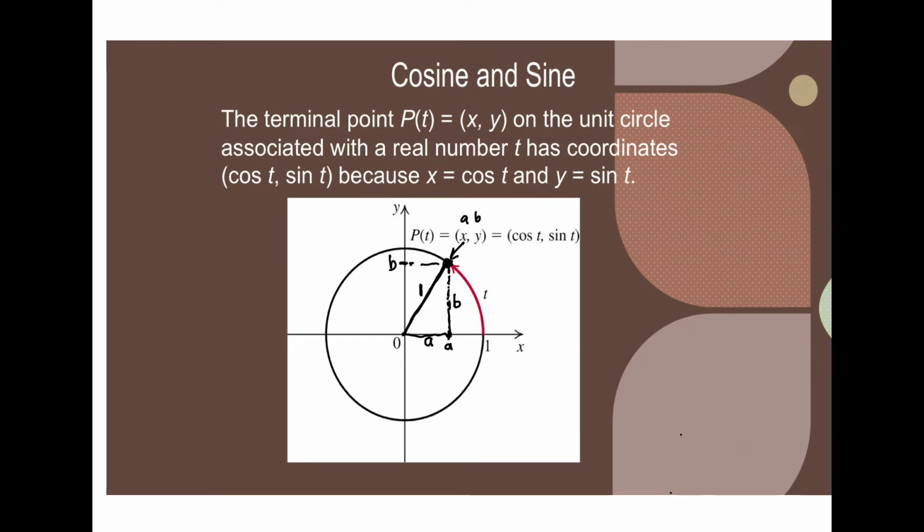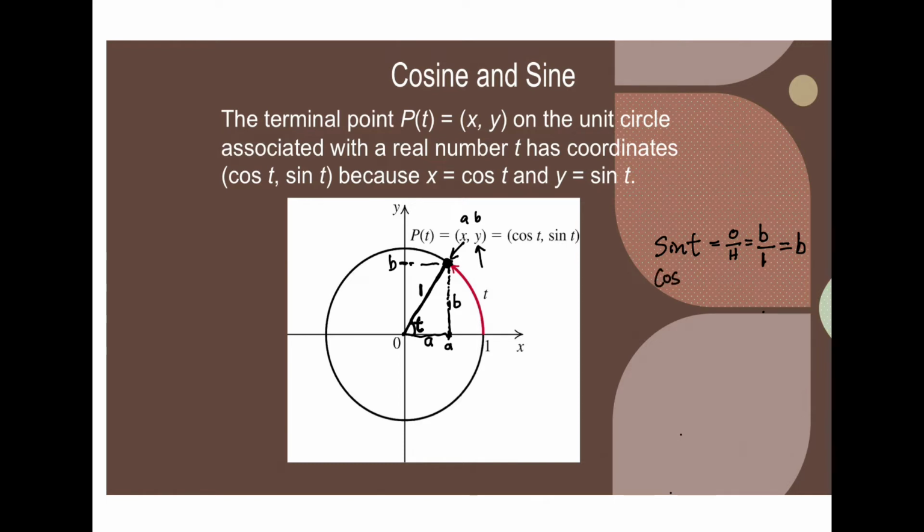Now I say that only because I want to demonstrate that with 1, when I talk about this angle here, and I'm just going to put t as the angle, even though usually we use theta a lot. If we took the sine of t, sine, remember, is opposite over hypotenuse. Well, the opposite side is b, and we're putting it over the hypotenuse, which is 1, so really the sine of t is b, which is the y-coordinate of that point.